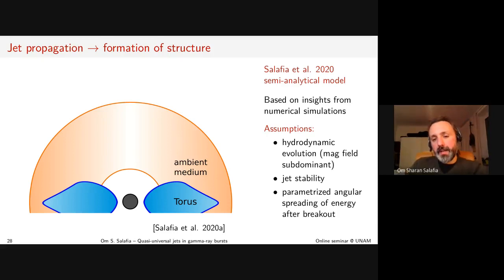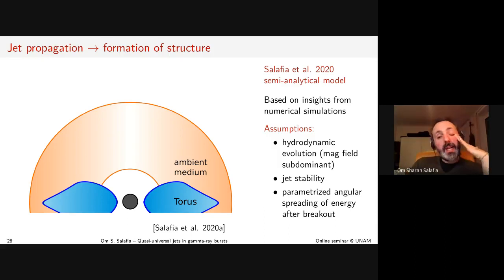And so last year, myself and some collaborators tried to develop a semi-analytical model of this kind of interaction, which had the goal of trying to predict the final structure of the jet after the breakout based on the parameters of the jet at launch.